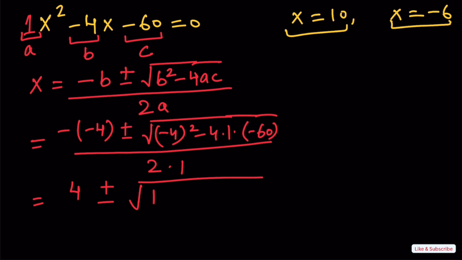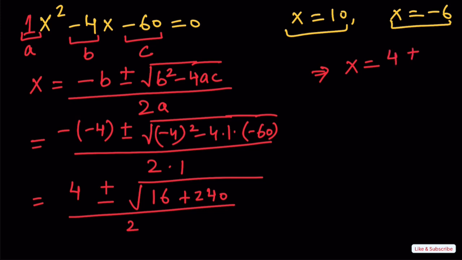Now negative 4 squared, that's 16. Negative 4 times 1, that's negative 4, times negative 60, that's 240 in addition. And in the denominator, I have 2. Solving it further, we got x equals 4 plus minus root of, now what's 240 plus 16?